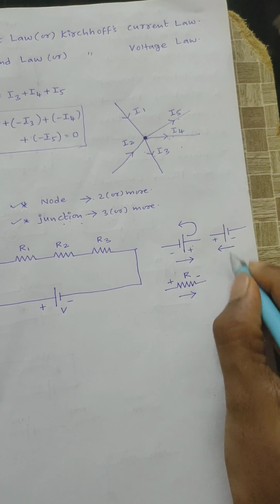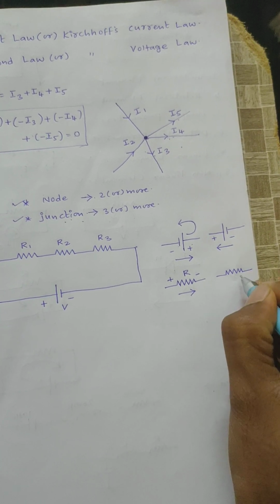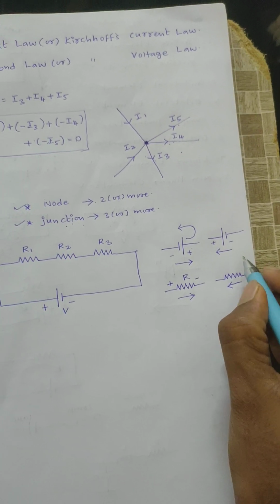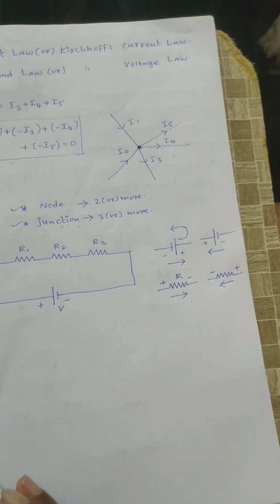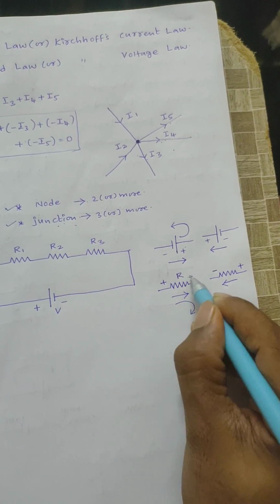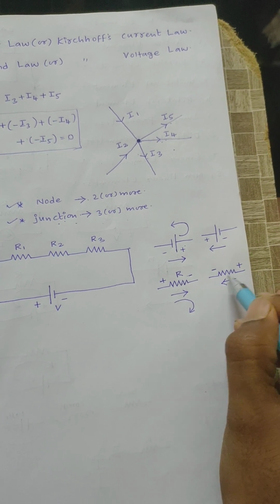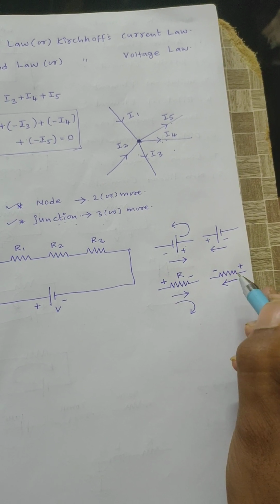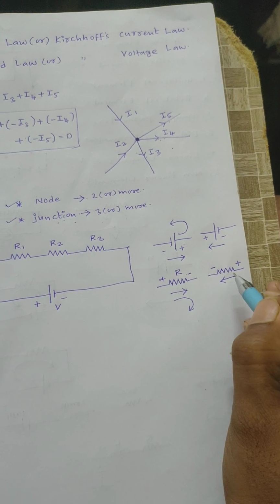Similarly here, for a plus minus source, across the resistor the polarities will be plus minus based upon the current direction. That means if the current direction is clockwise, we need to give polarities clockwise as plus minus. If the current direction is anti-clockwise, we need to give polarities across passive elements like resistor, inductor, capacitor in anti-clockwise plus minus.